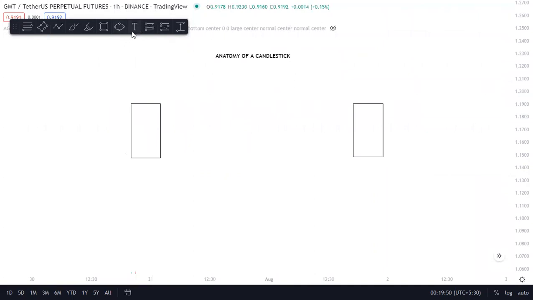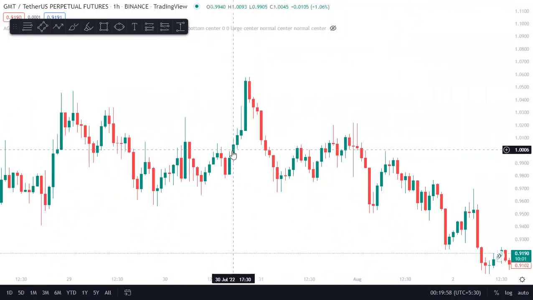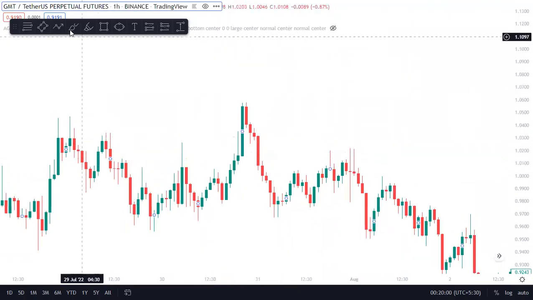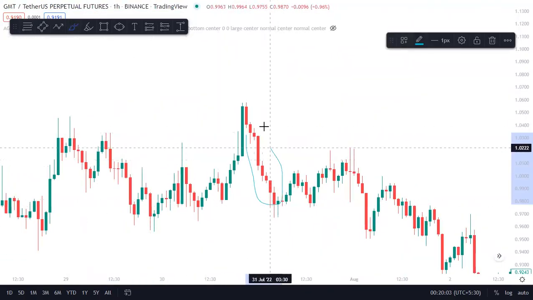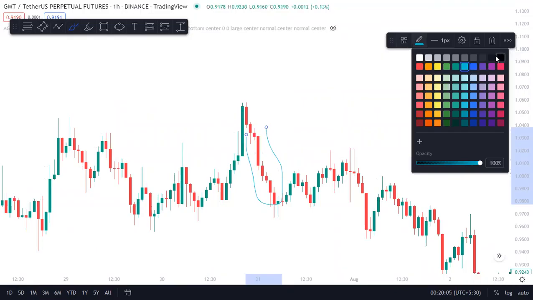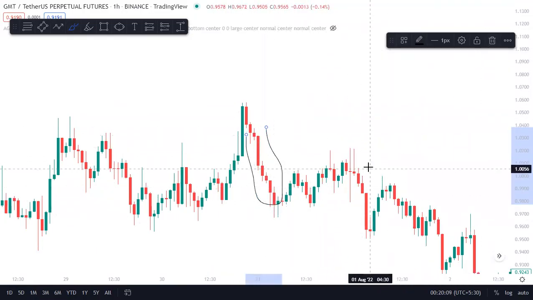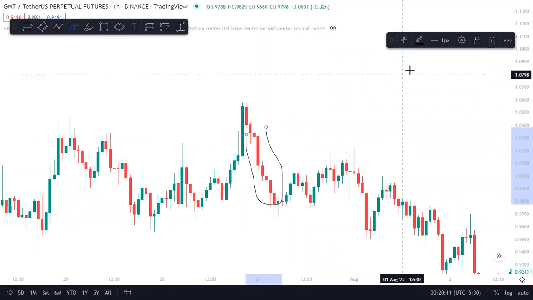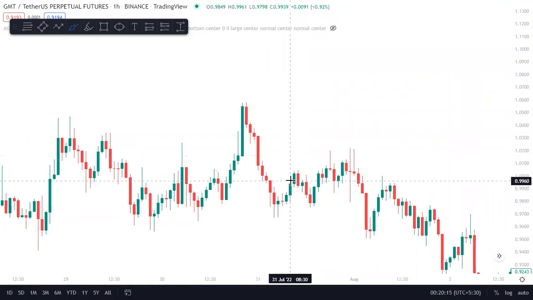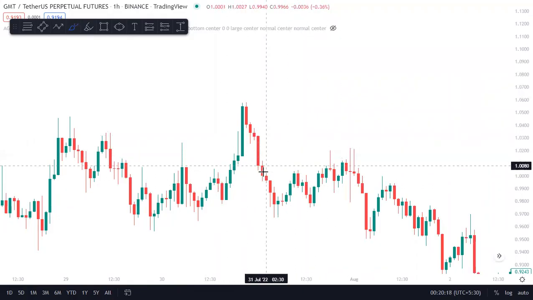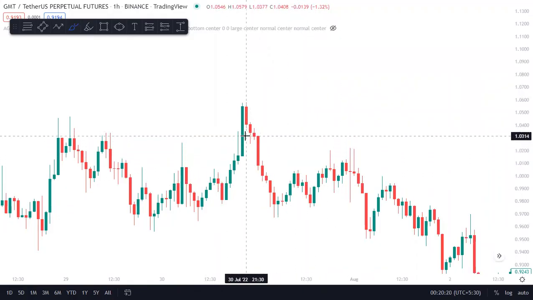In some people's charts, you see them using black and white. Most people don't like using red and green because they don't like seeing red. This red color gets some persons scared. Imagine you being on a trade and seeing red candlesticks. To some persons, it spoils their psychology. So instead of using red, they use black and white because black is not that heavy.